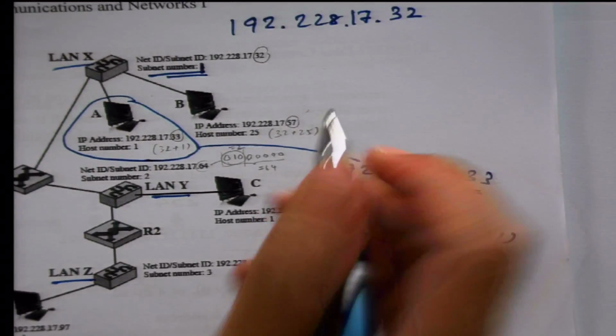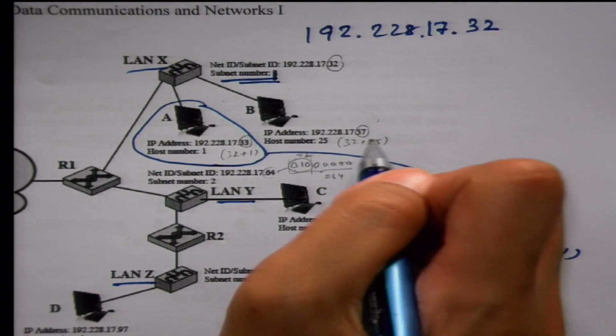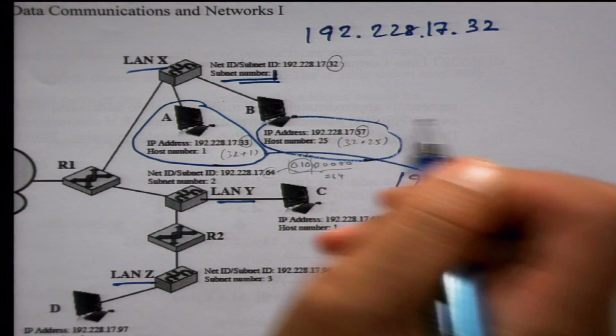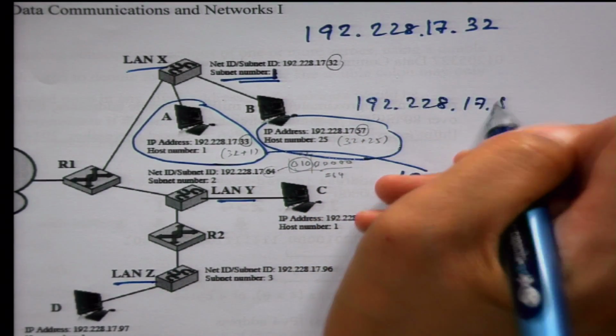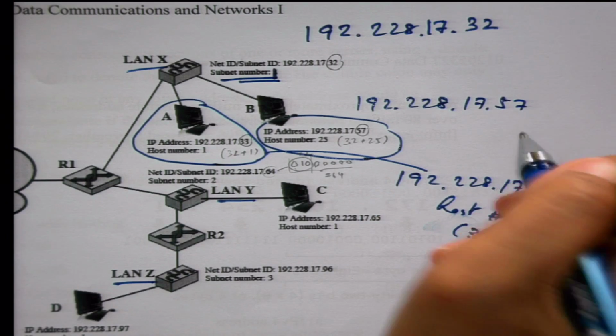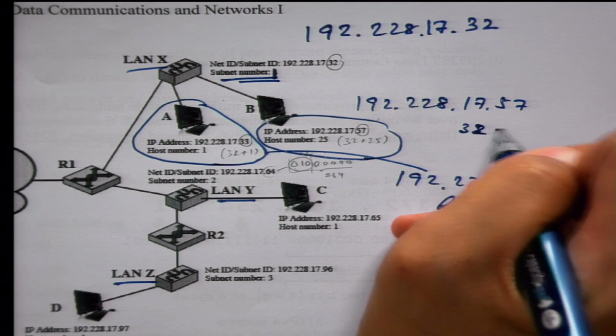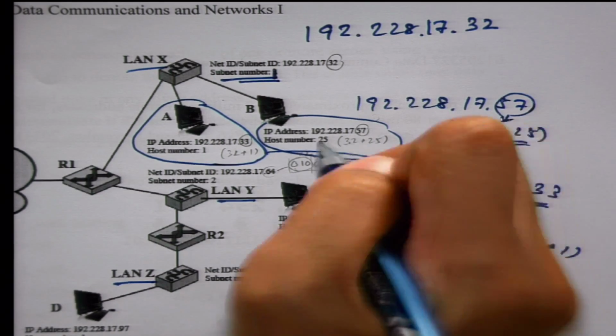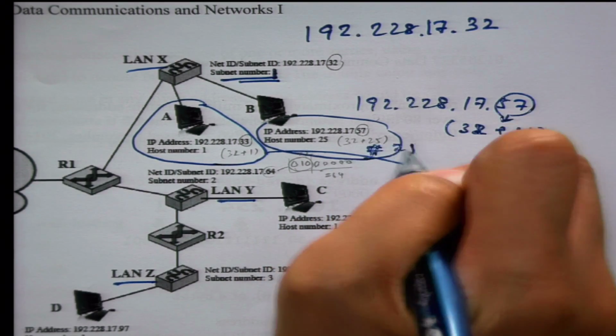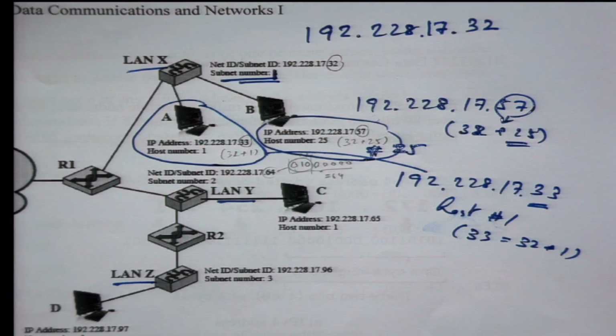For another host here, this is 192.228.17.57. So 57 means that this is 32 plus 25, right? So the host number is number 25, host number 25, this one in LAN X.